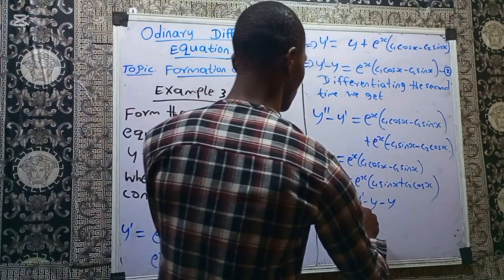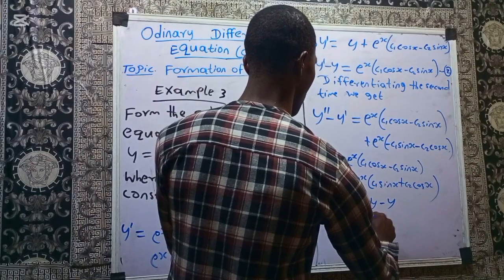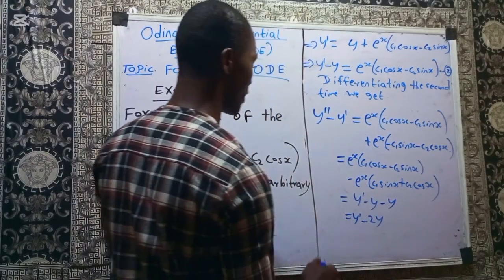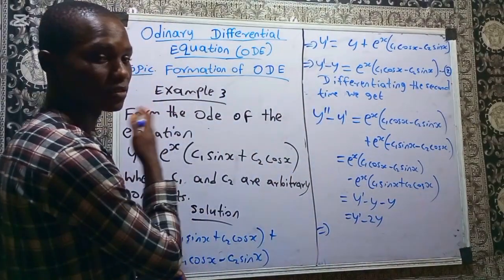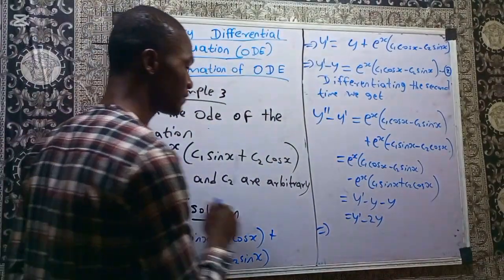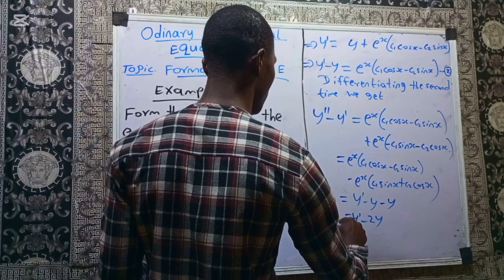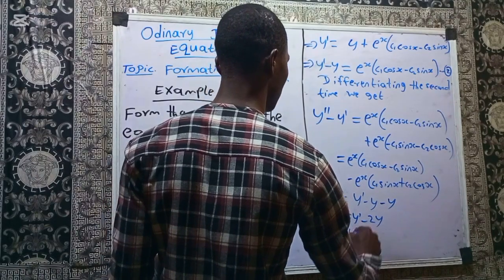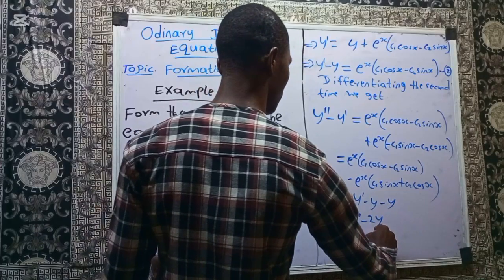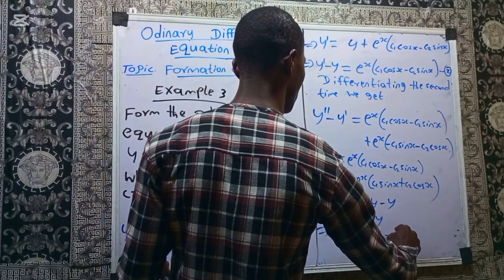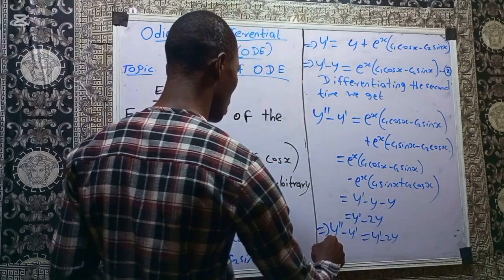So this will be equal to y prime minus 2y. What do we have at the left hand side? We have y prime minus y at the left hand side, and at the right hand side y prime minus 2y.